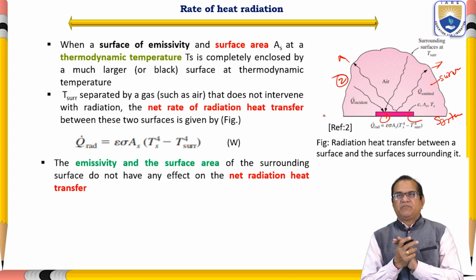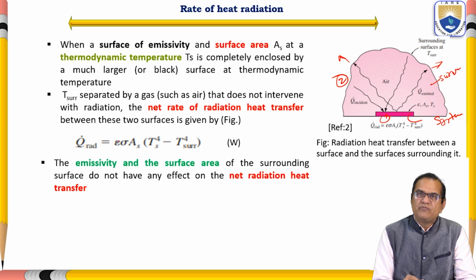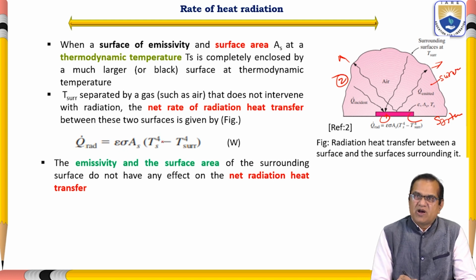So rate of heat between two surfaces, that is Q dot radiation, is equal to epsilon sigma As Ts to the power 4 minus T surrounding to the power 4.